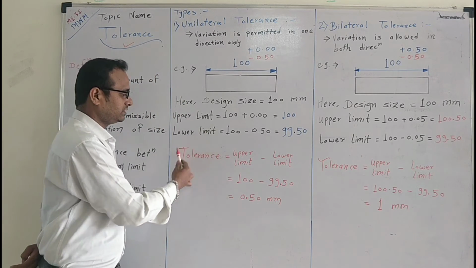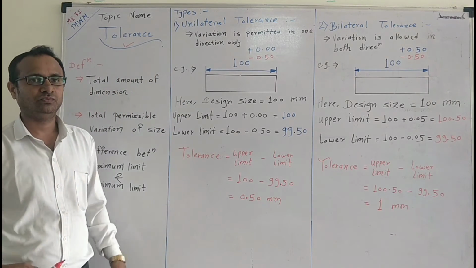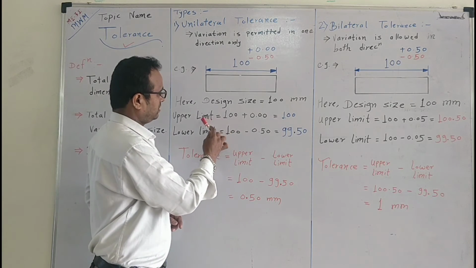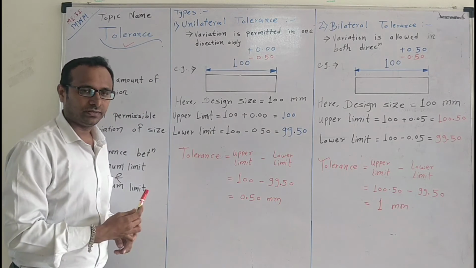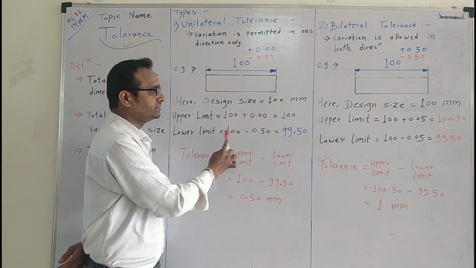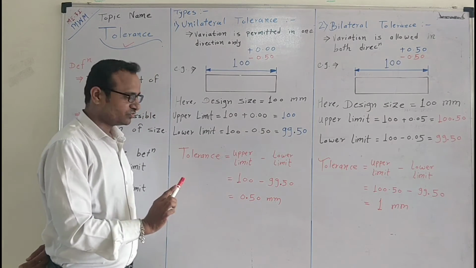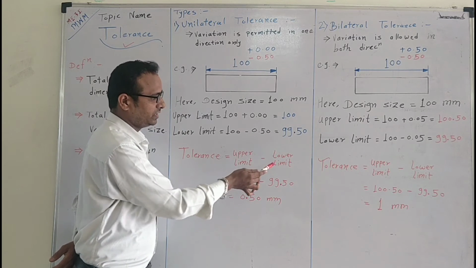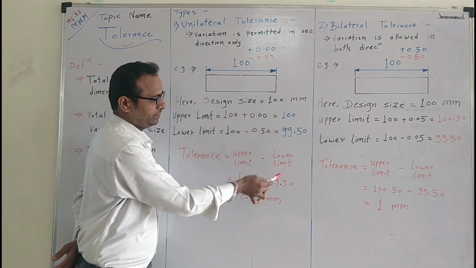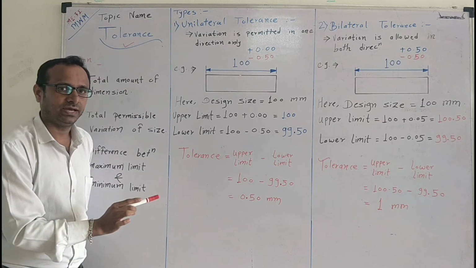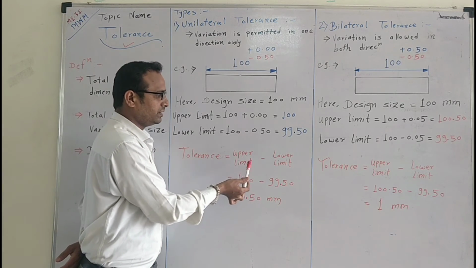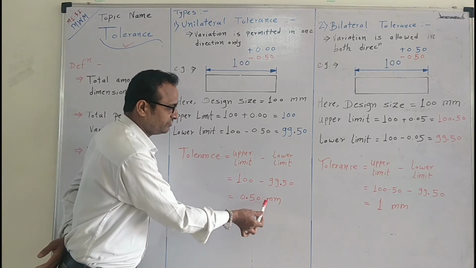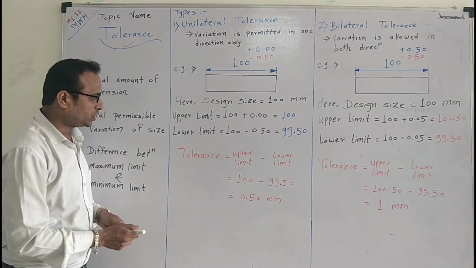Here upper limit is 100, just as we have calculated, and lower limit is 99.50. If we subtract lower limit from upper limit, we will get 0.50 mm tolerance.